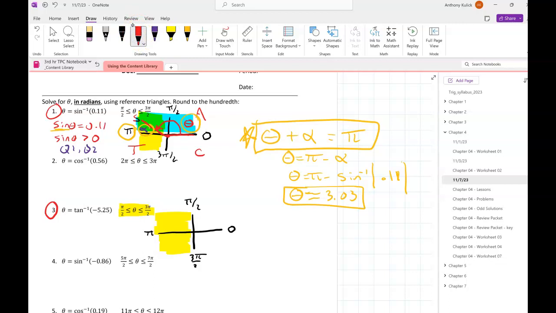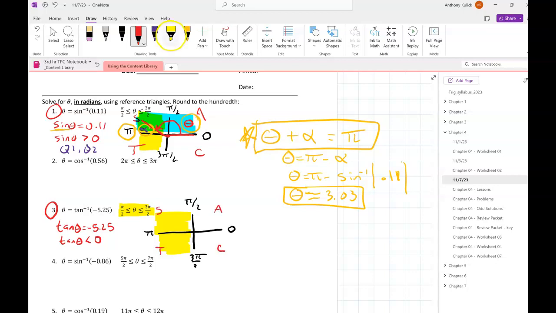Everybody okay with that part right there? Let's do it. So it would be quadrant 3. So tan theta needs to be negative, right? Oh, wait, no. Sorry.